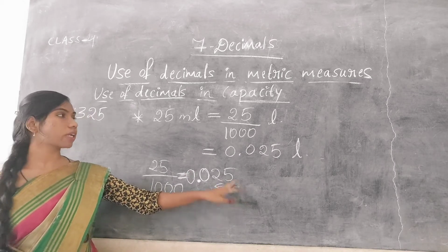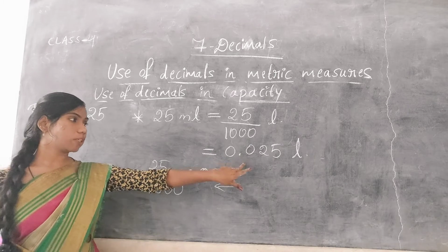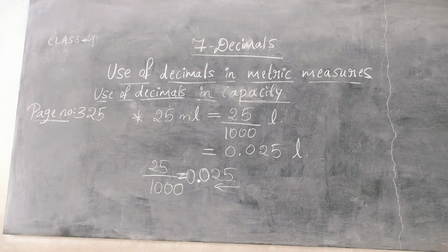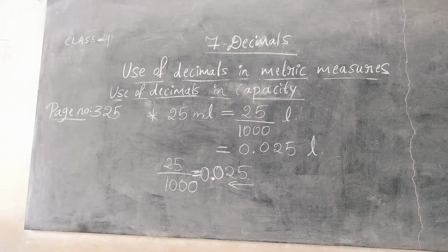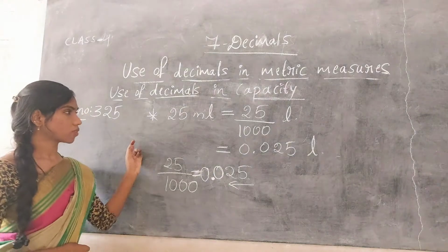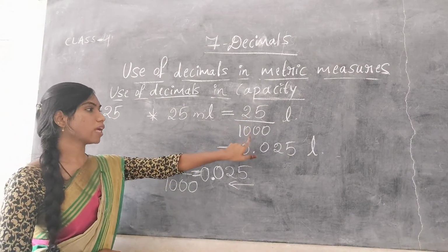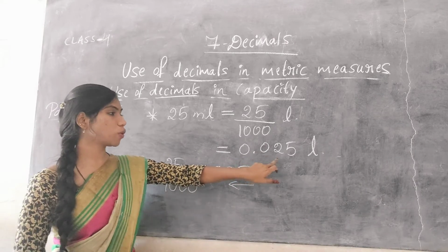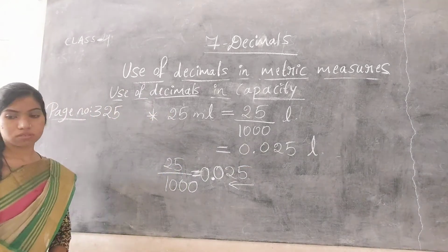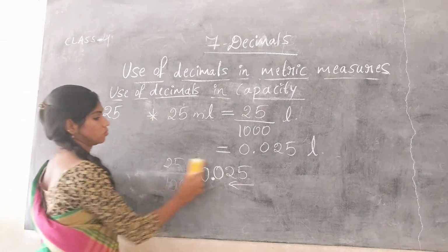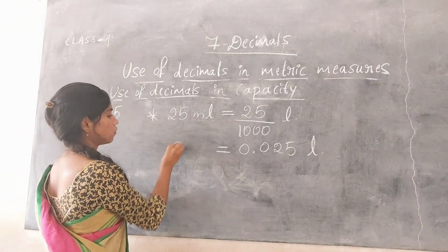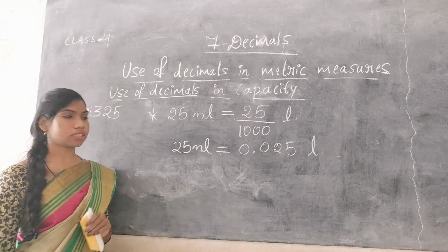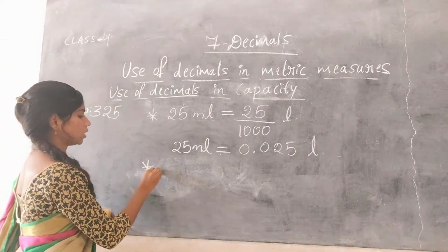So 25 milliliters is equal to 0.025 liters. And take one more example here.